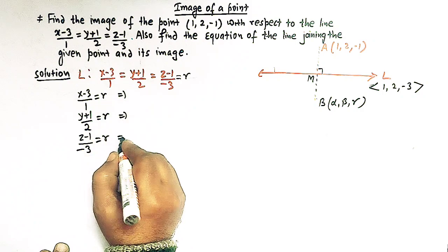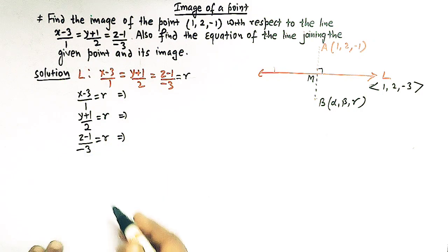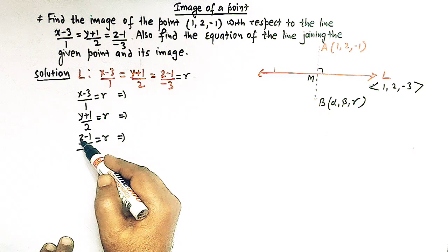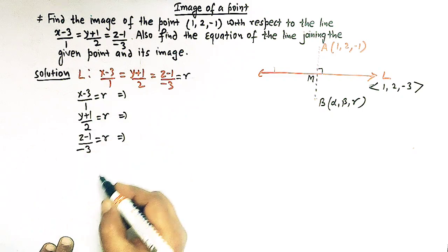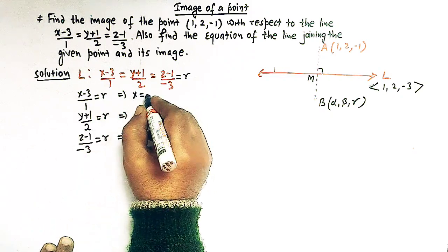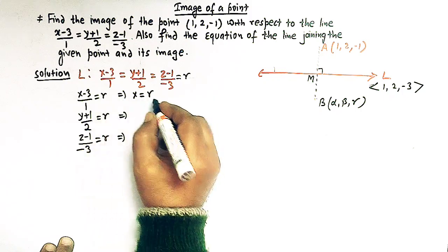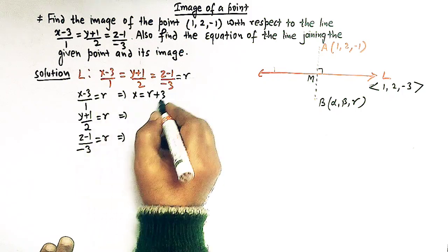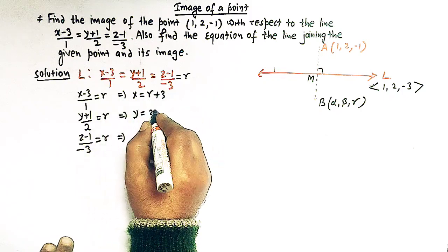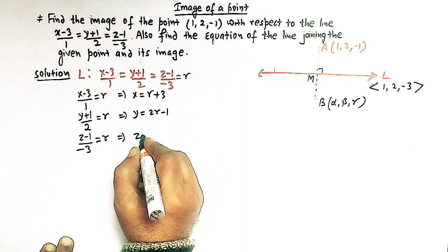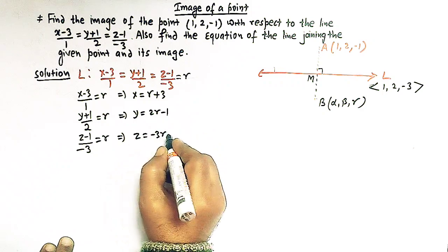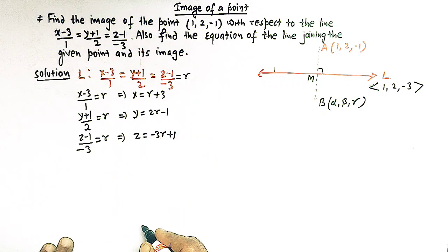So let us find the values of x, y, and z in terms of R, right? We have x = 1 times R, that is R + 3, y = 2R - 1, and z = -3R + 1.